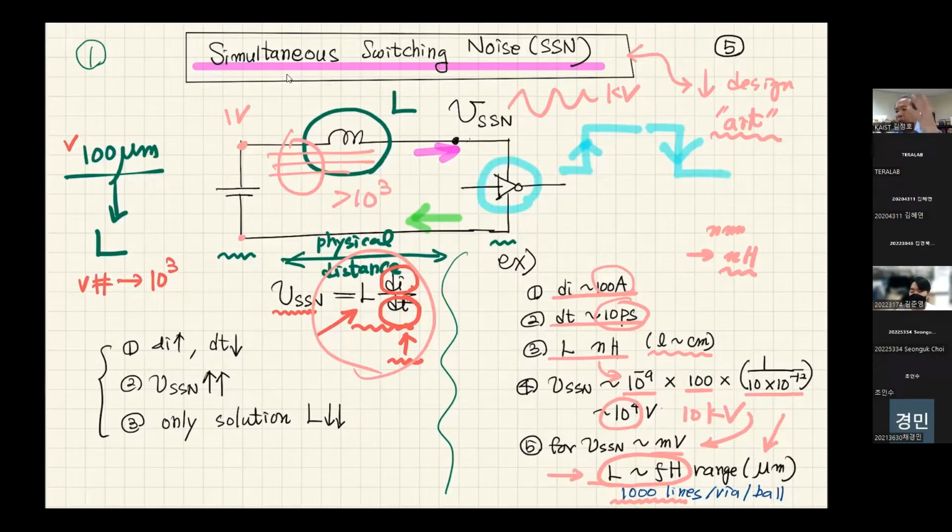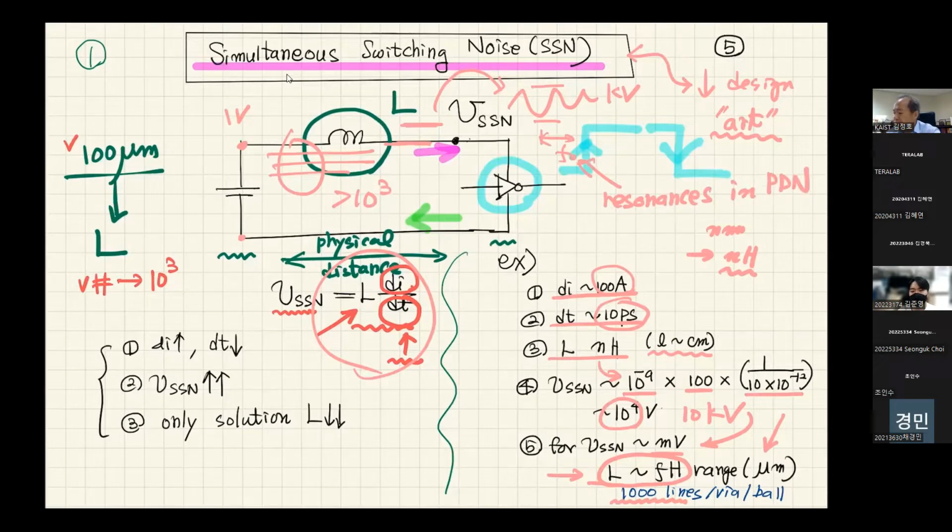We usually assume that the power supply line voltage is constant, but actually it has some oscillations. The peak-to-peak value will be determined by L dI/dt, and the frequency of this oscillation is coming from resonance, resonance in the PDN.